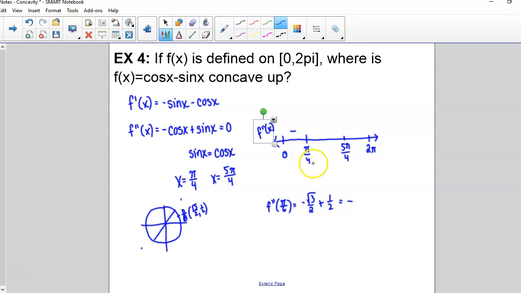Now between pi over 4 and 5 pi over 4, I would either pick pi over 2 or pi. Let's say if we pick pi over 2 here, coordinates there are 0, 1. So we would have f double prime of pi over 2 would be negative 0 plus 1, which is 1, so that's positive.